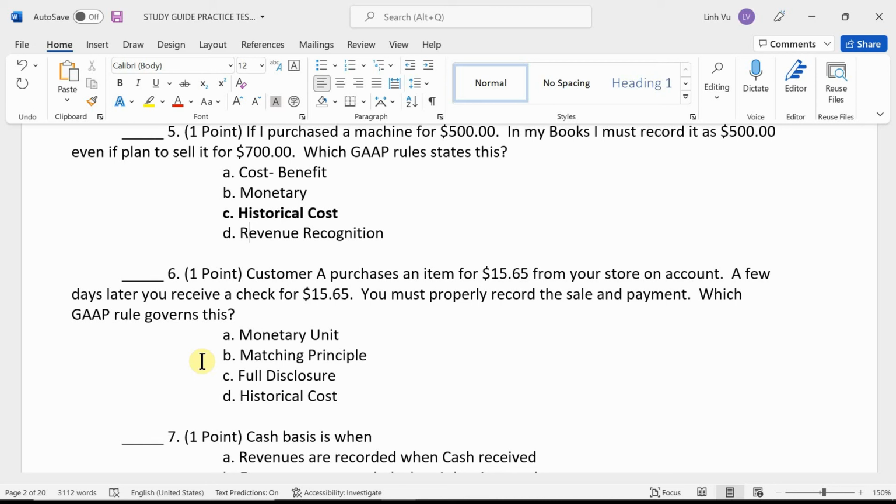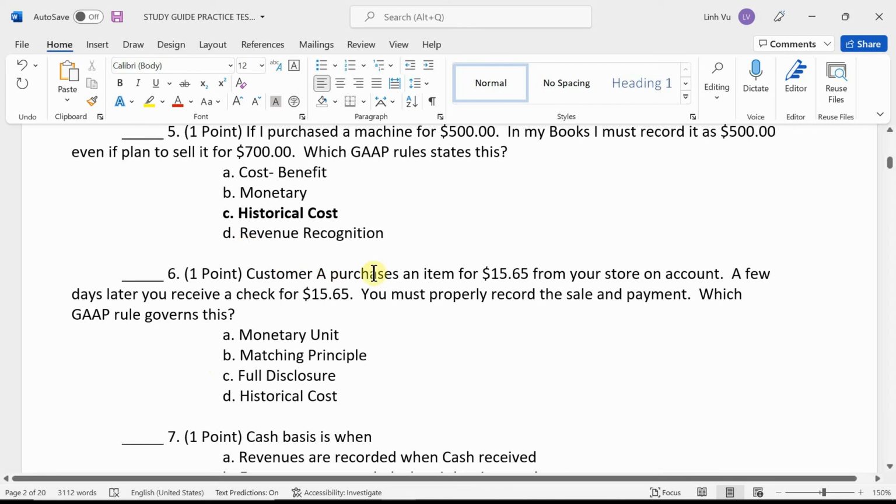You must properly record the sale and payment. Which GAAP rule governs this? B, matching principle, correct.